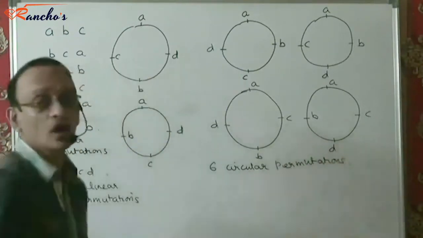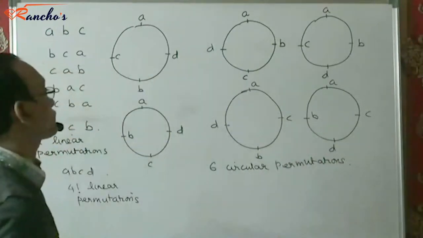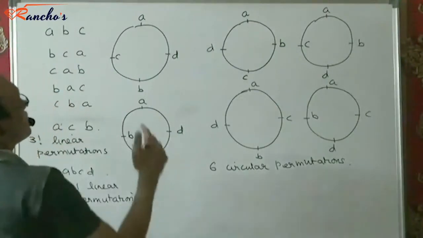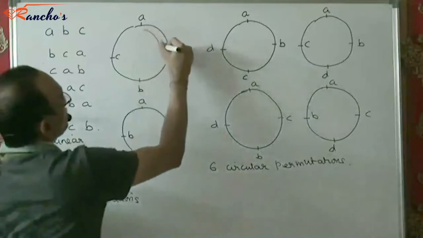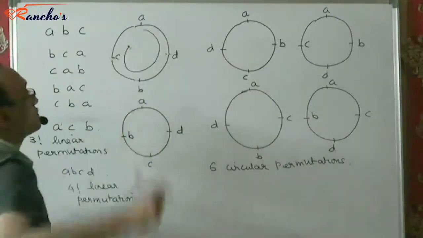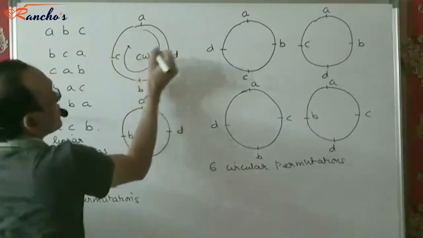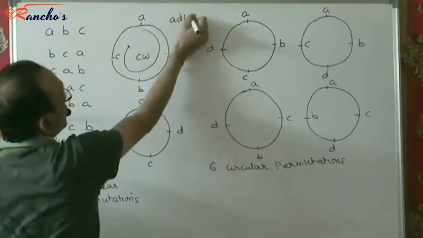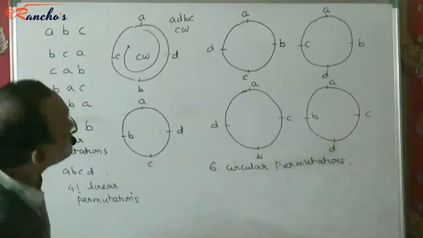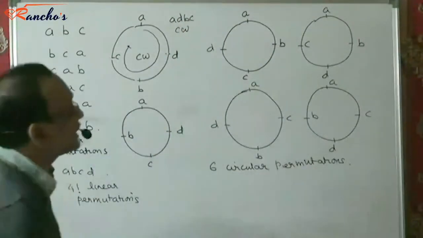Do you see, for every circular permutation that you pick from here, say ADBC which is clockwise, let's see if there is an ADBC featuring anti-clockwise.